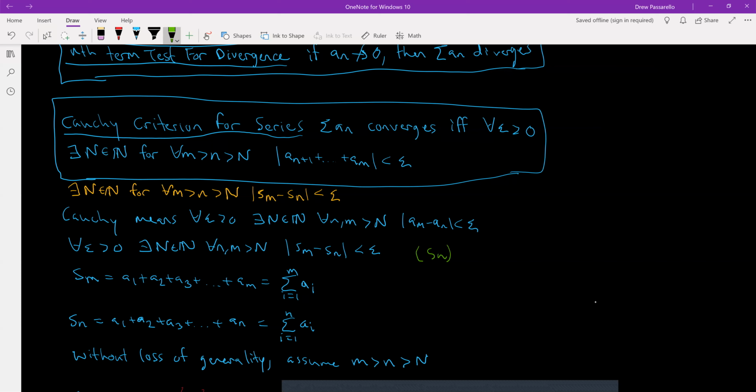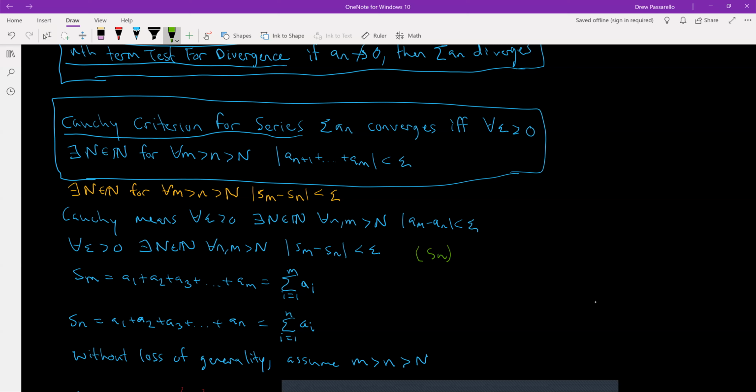And what does it look like? Sm is equal to a1 plus a2 up to plus am, which you can write as a finite sum from i equals 1 to m. Sn is basically the same thing. It's just a1 plus a2 up to plus an, which you can write as a finite sum from i equals 1 to n.